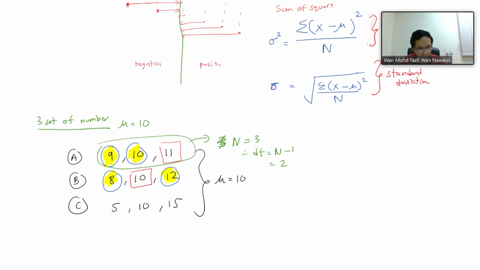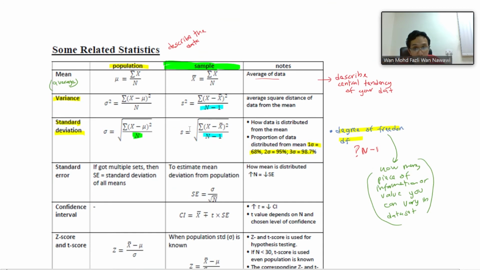But the idea is this: in statistics, you want the standard deviation of the sample to match closely the standard deviation of the population. There is mathematical proof that if you use n minus 1, it will be closer to the standard deviation of the population. We will not deal with that, but that's the idea.